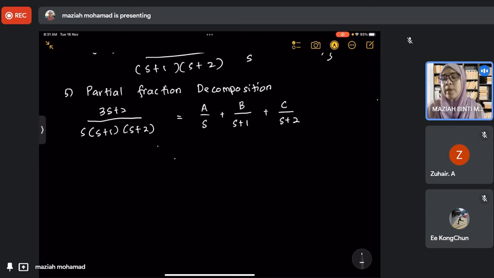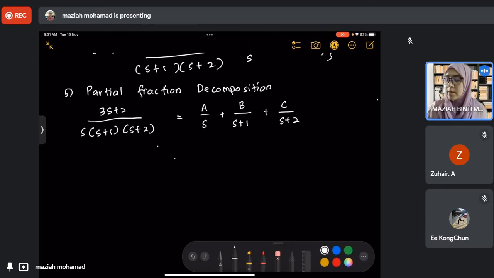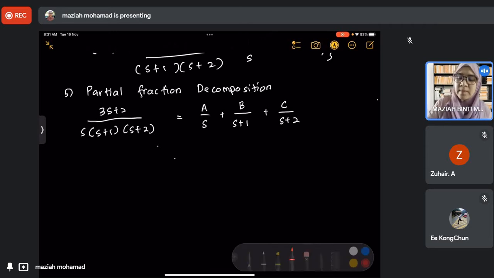What is the value for B? What is the value for C? For here, we're going to use the remainder theorem.